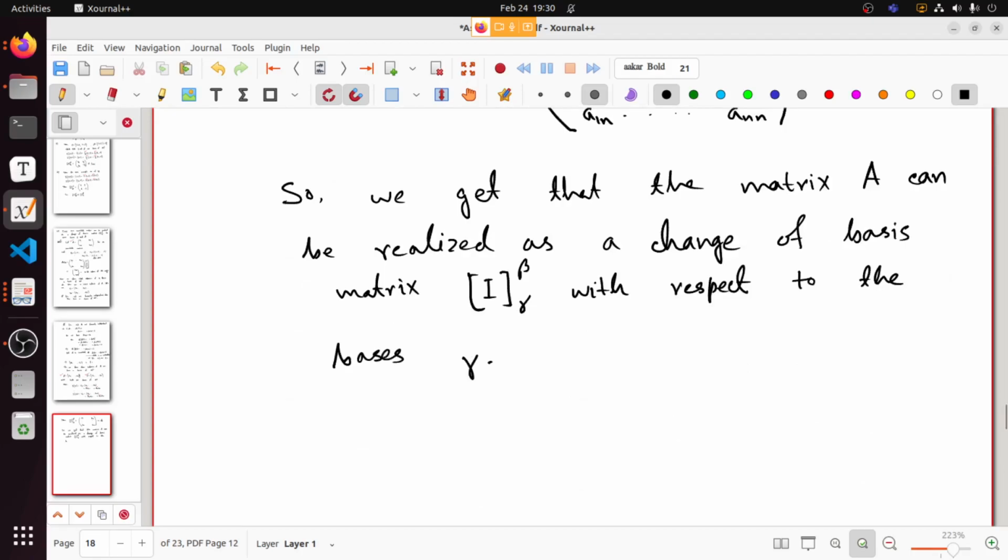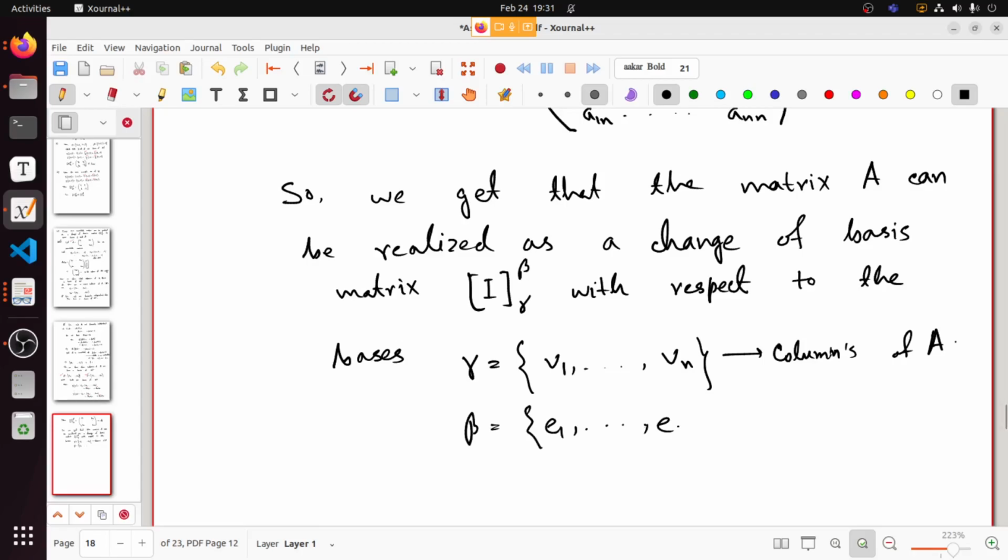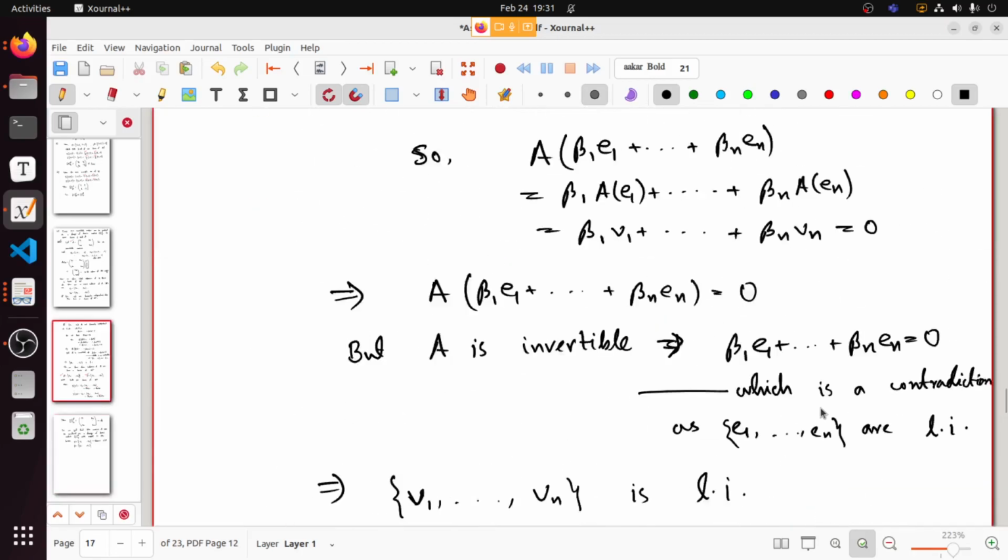What are the bases? We have taken gamma to be v1, v2, ..., vn, the columns of A, and beta we have taken the standard basis e1, e2, ..., en, right? So this proof is done.